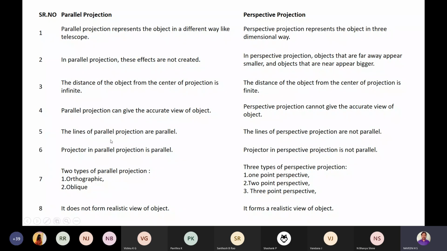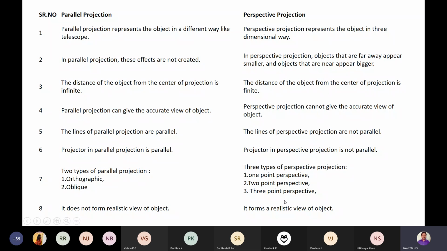And the lines of parallel projection are parallel; here they are not parallel. The projectors in parallel projection are parallel, but in perspective projection they are not. We have two different types of parallel projection: orthographic and oblique projection. You need not go in depth, just know the types. Here three types of perspective projections are there: 1 point, 2 point, and 3 point.